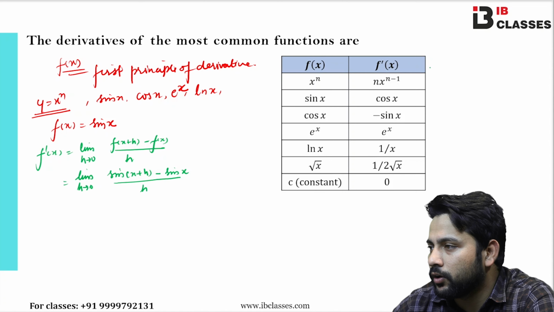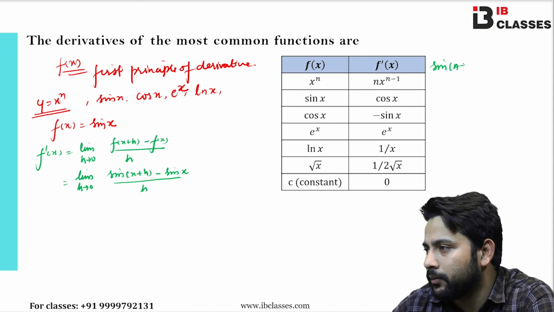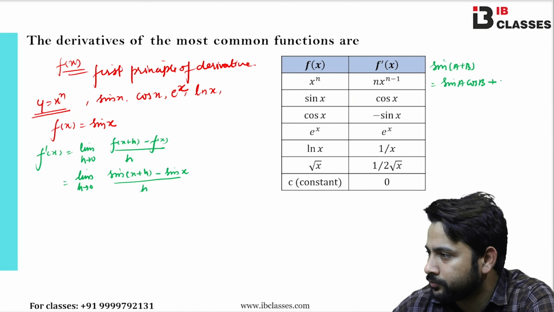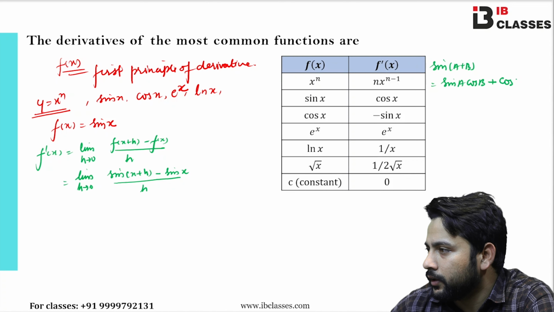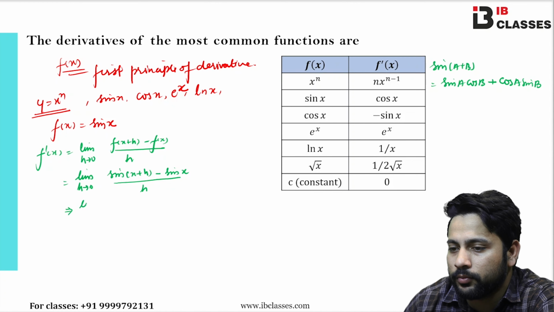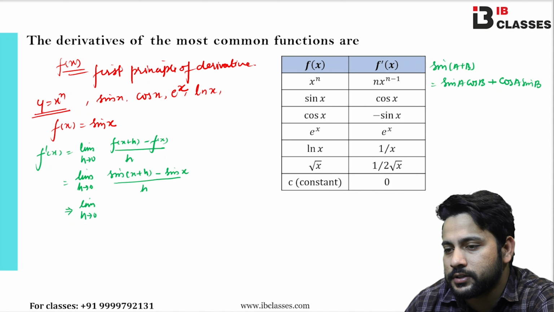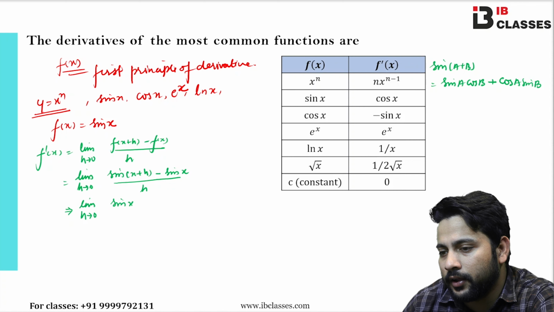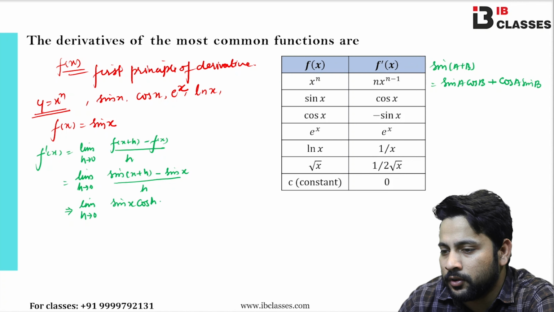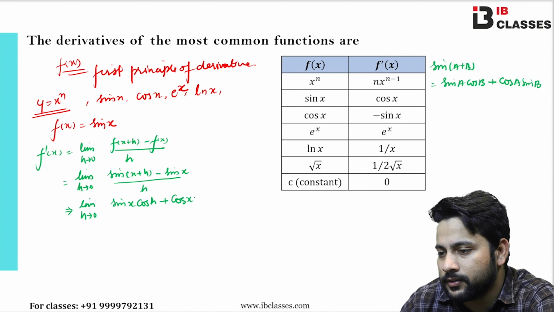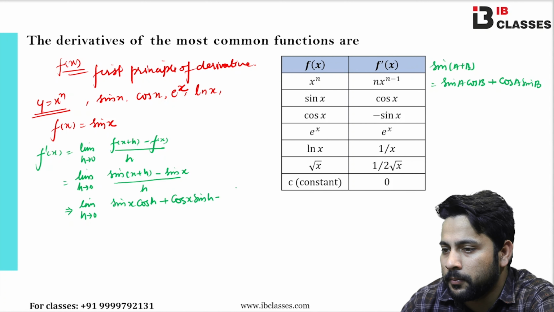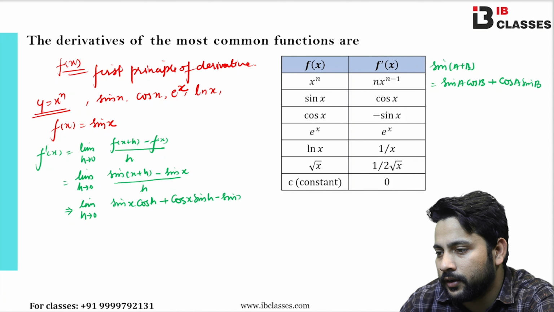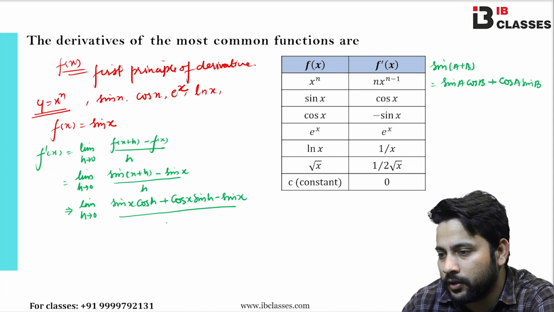Here we will be using the formula of sine of (a plus b), and it is sine a cos b plus cos a sine b. On applying this formula, we will be having limit h tends to 0 of sine x cos h plus cos x sine h minus sine x over h.